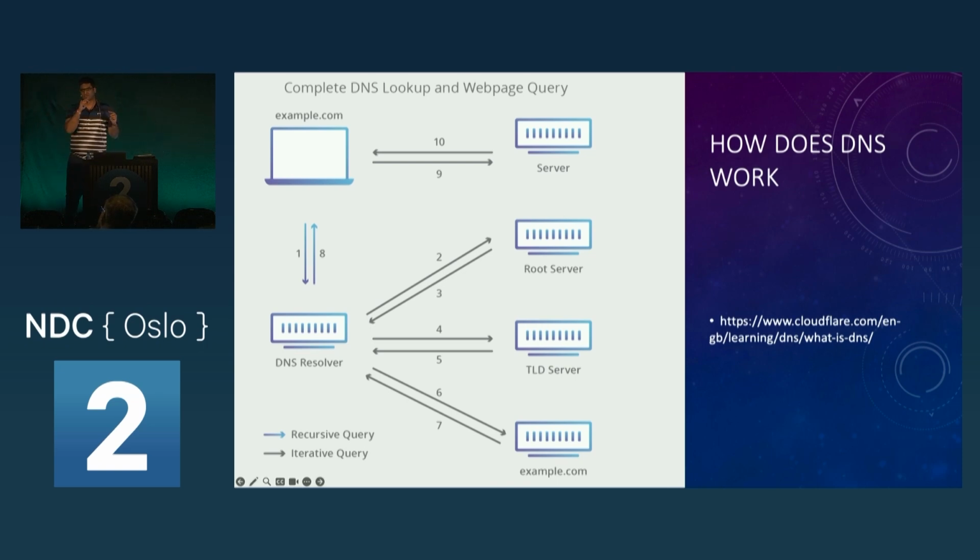So example.com resolves to this name server, and then the recursive resolver queries example.com. It goes back and says, okay, this example.com website maps to this IP address. That DNS lookup is done, and the browser then gets the DNS query, and then finally requests the server for the content based on the IP address that's resolved.